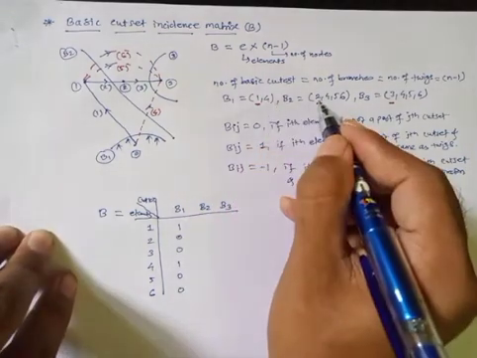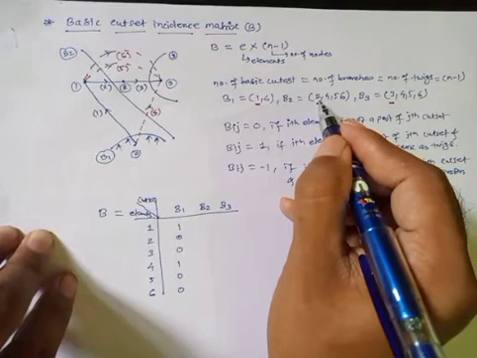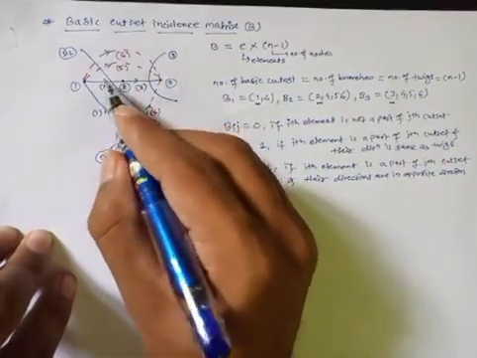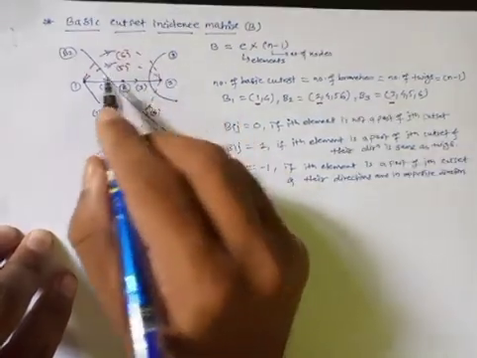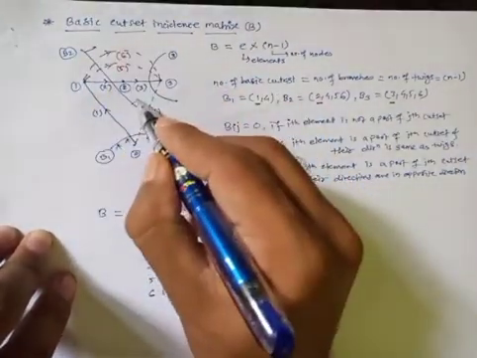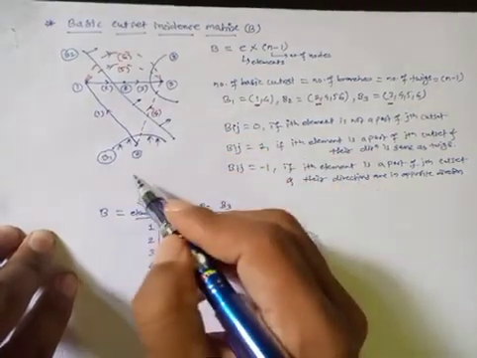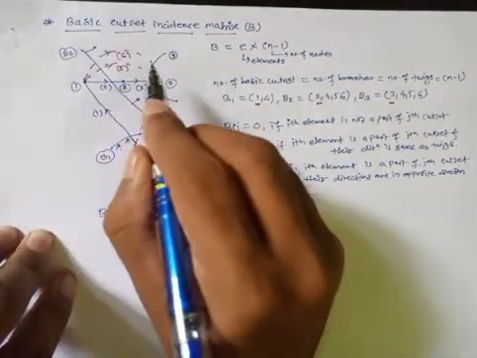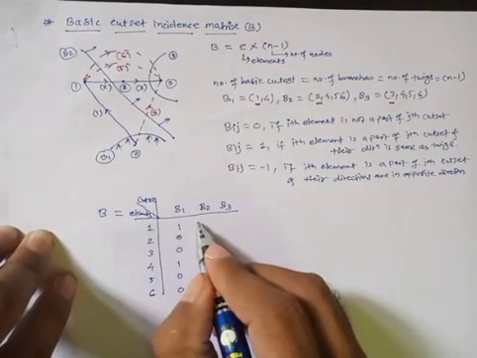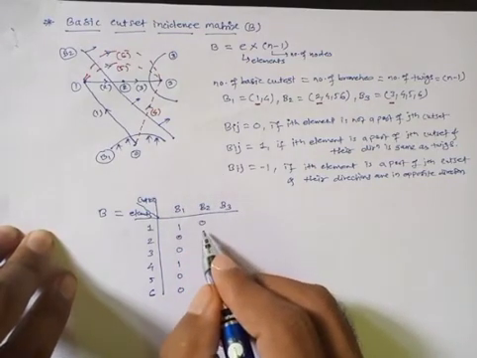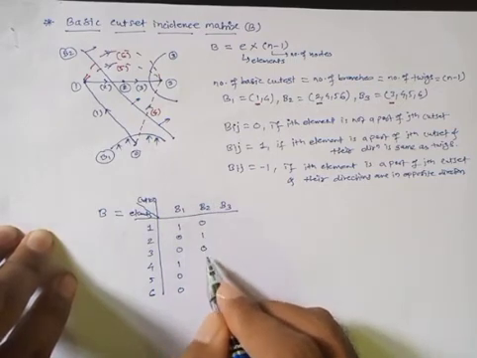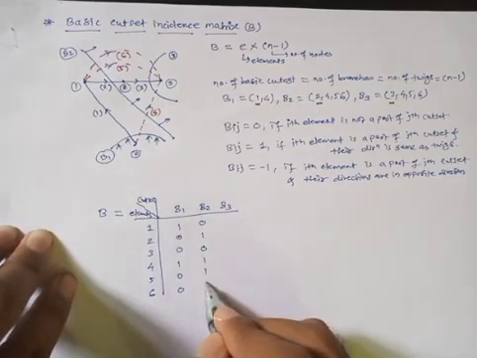Similarly B2. Which branches are included? 2, 4, 5, 6. Here you can see 2, 4, 5, 6, and the directions are equal to the direction of this basic cut set, so the directions are the same as that of those particular elements. The first element is not present, so it will become 0, and 4, 5, 6 are included.